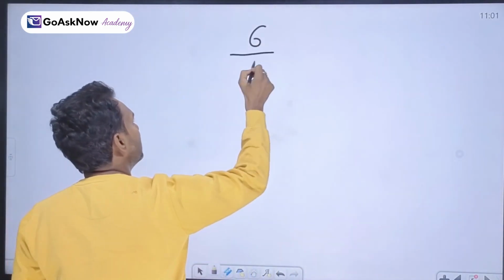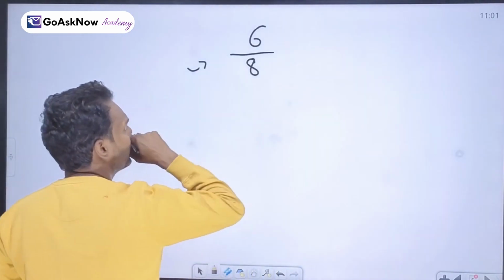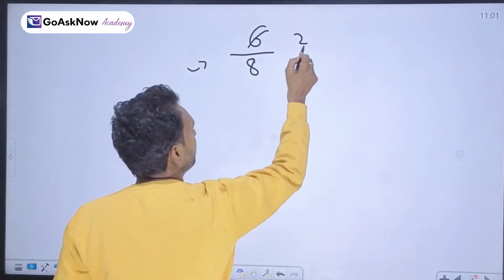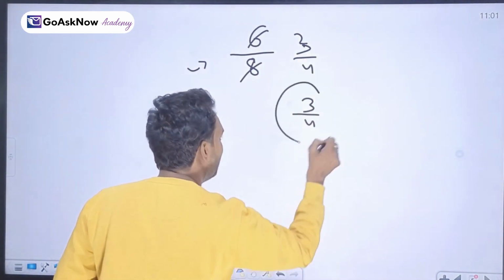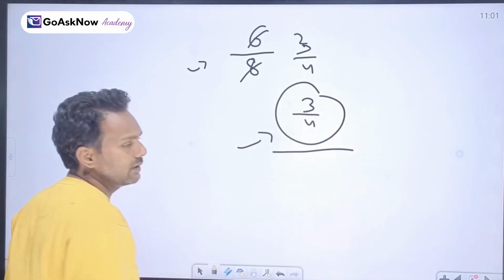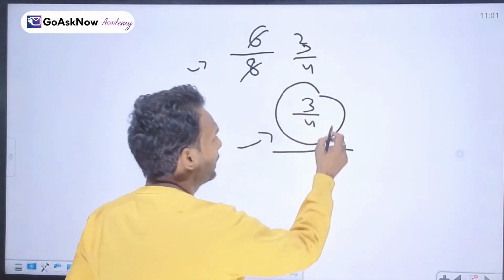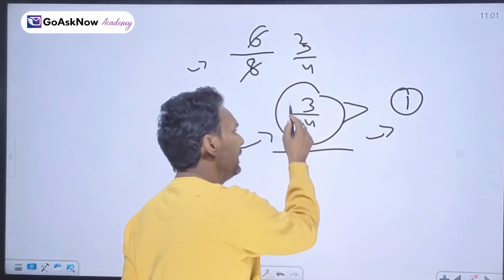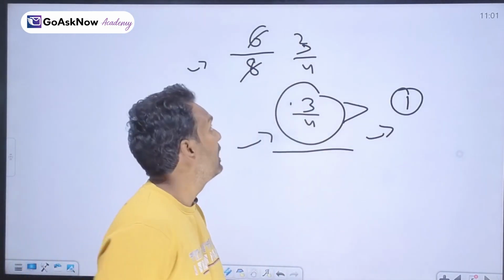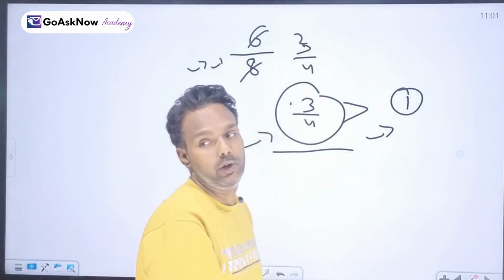We can see that if 6 by 8 is divided by 2, we get 3 by 4. But we cannot reduce it to lowest form further because the HCF of 3 and 4 is 1. So we can say that 3 and 4 are co-prime to each other, but 6 and 8 are not.